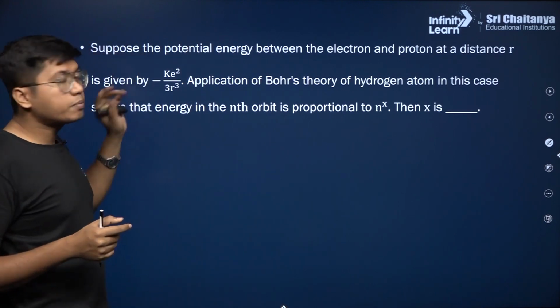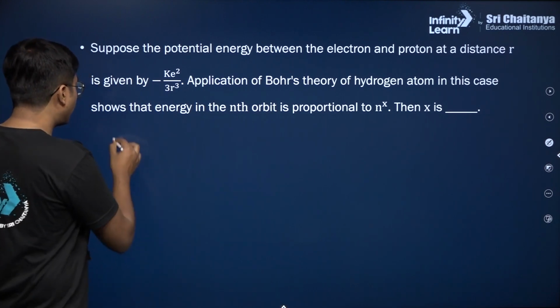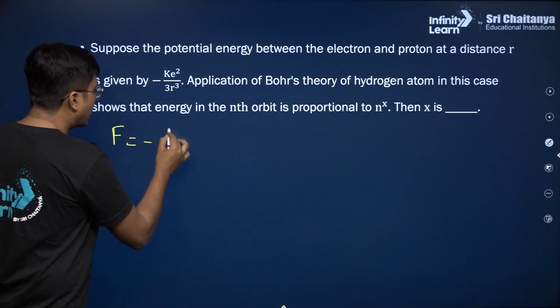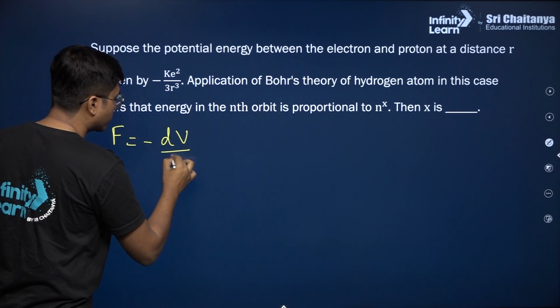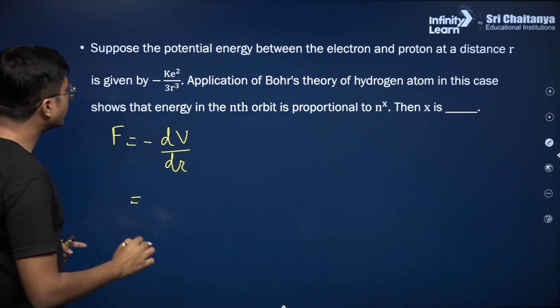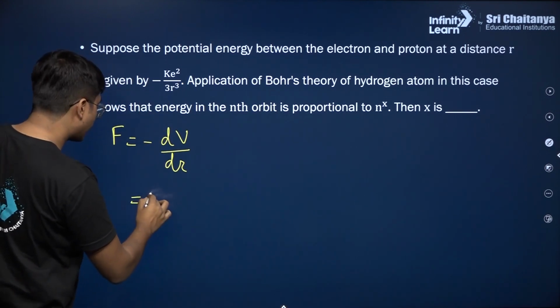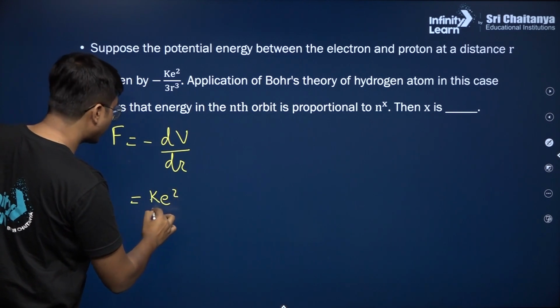First up, this is the potential energy given, which means we can find the force. We can find the force as F is equal to minus dV by dr, right? So we differentiate this. If you differentiate that, minus minus cancel out, so you'll get k e square divided by 3.